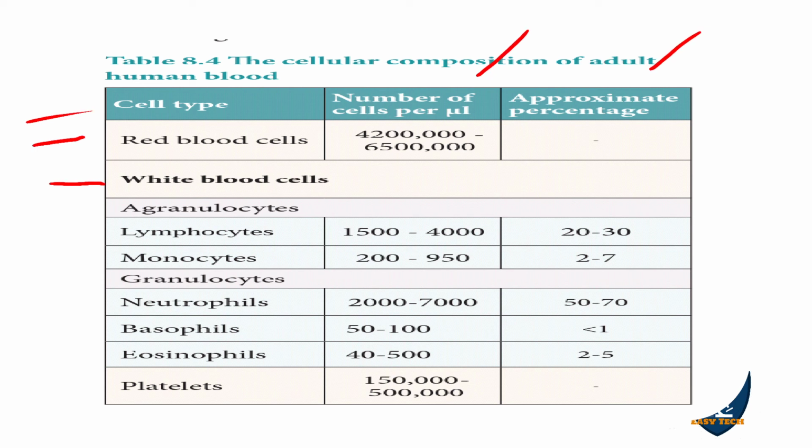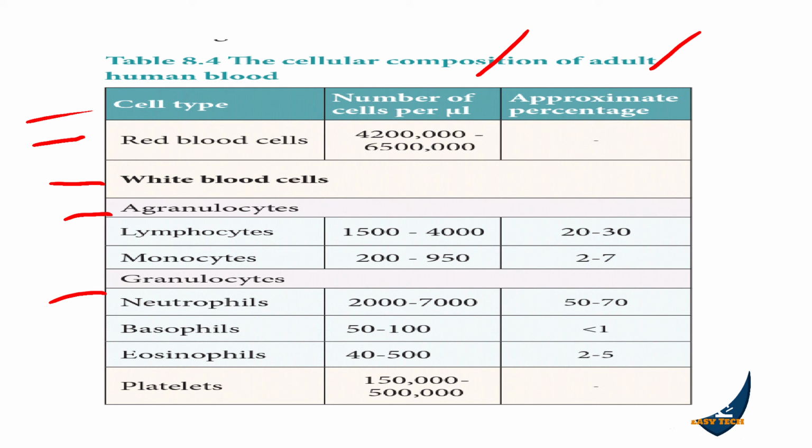WBC is divided into agranulocytes and granulocytes. In agranulocytes, lymphocytes 1500 to 4000, 20 to 30%. Monocytes 200 to 950, 2 to 7%.